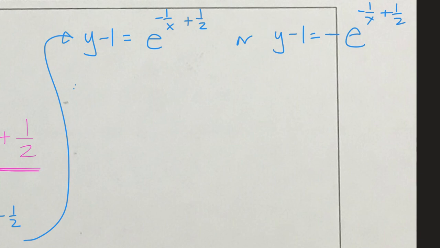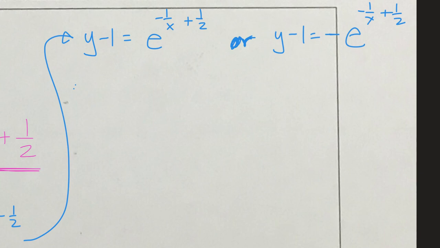When we have this in absolute value, we have to split it into two equations and pick which one is the very best.